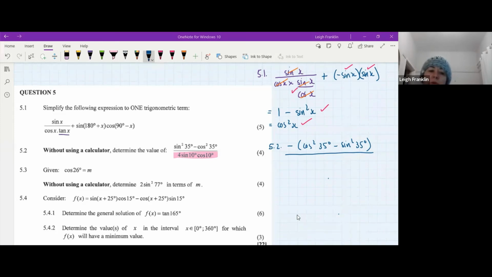Yeah, absolutely. 4 can also be what? Indeed, it's a double angle, because 4 can be written as 2 times 2.